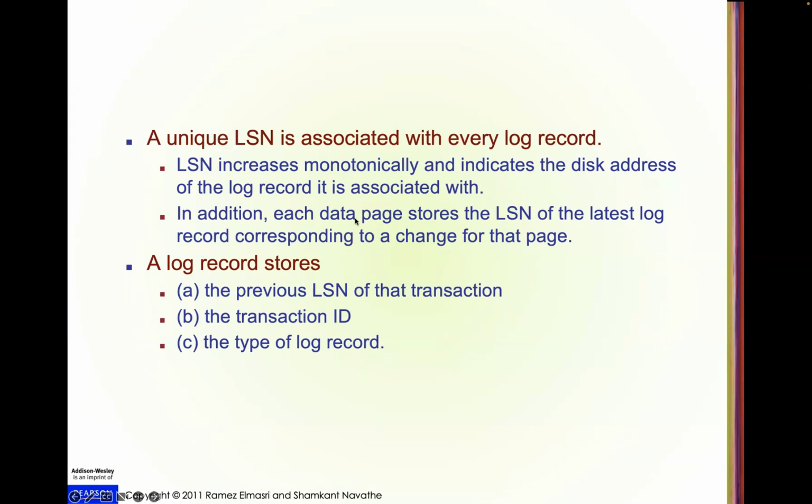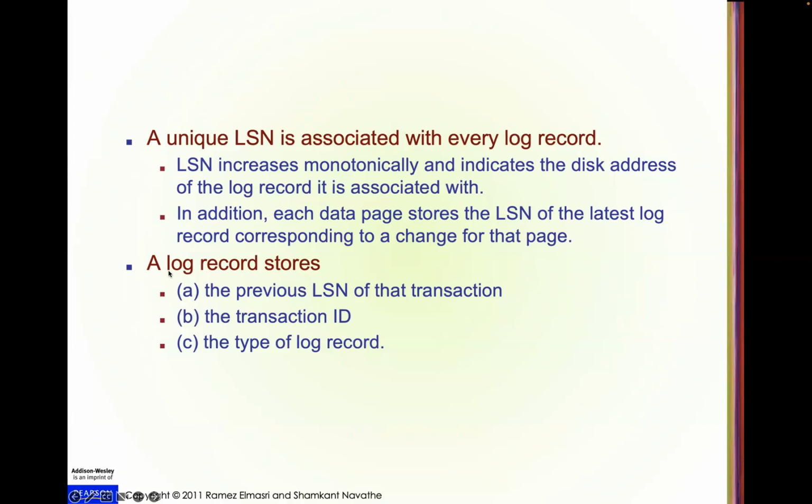In addition, each data page is going to store the LSN of the latest log record corresponding to the change for that page. So whenever there is a page update action, the latest log record also gets associated with the LSN.